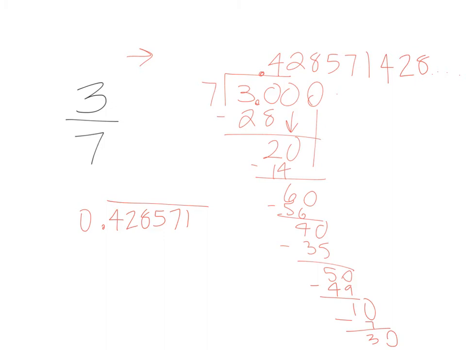And then to write it as a percent, as we're going to talk about more in a little bit, you move it 2 to the right, which would be 42.8571.